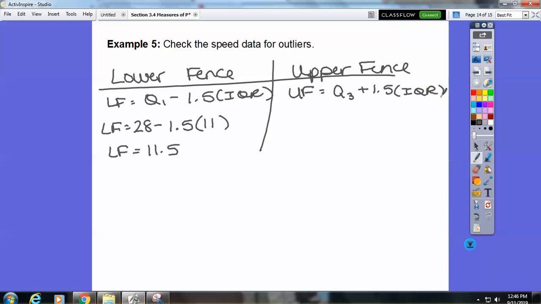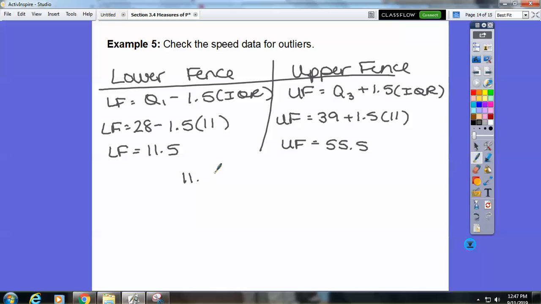For the upper fence, we do quartile 3, which was 39, plus 1.5 times the interquartile range, which was 11. This gives an upper fence of 55.5.